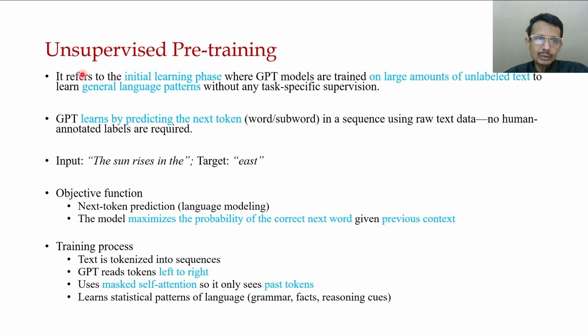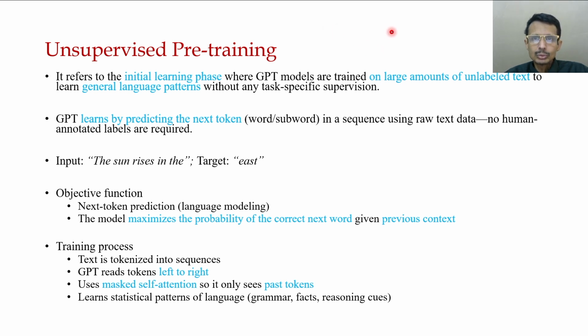So what does it actually do? It refers to the initial learning phase where GPT models are trained on a large amount of unlabeled data to learn the general language patterns without any task-specific supervision. We have to understand that there are some tokens, and the question is, what would be the next token?